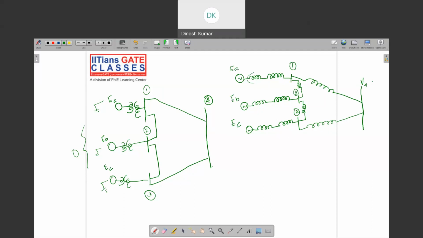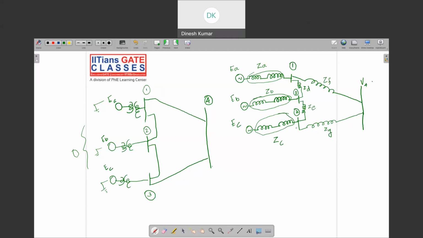Now the total impedance, let this total impedance be ZA, ZB, let this be ZC. Then we can write ZA, ZB, ZC, ZD, ZE, ZF, and ZG.